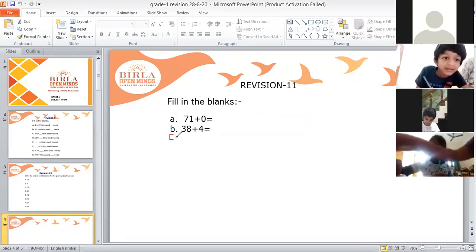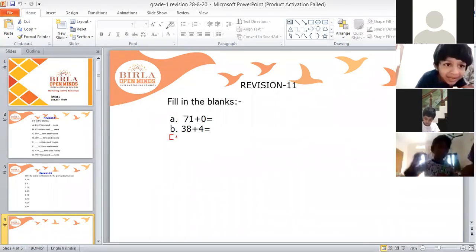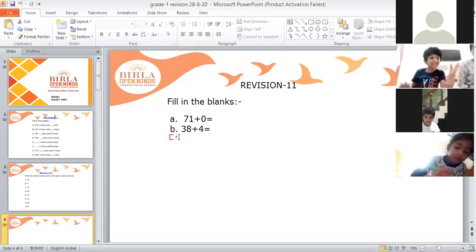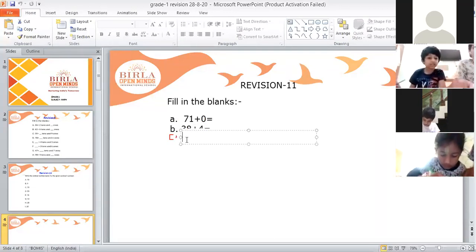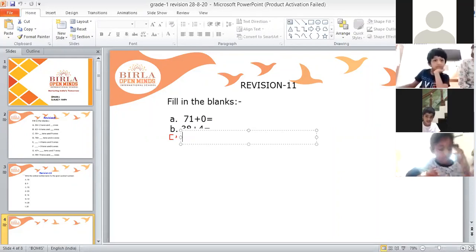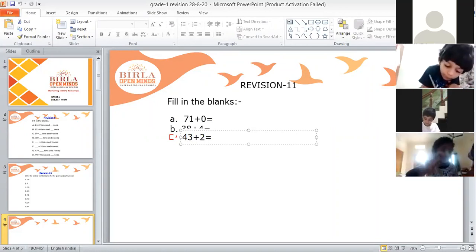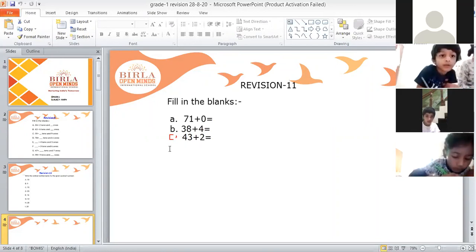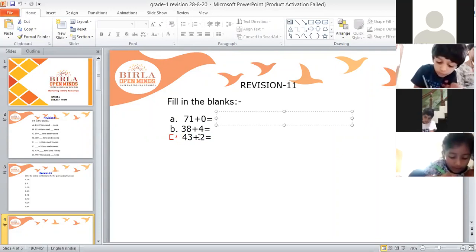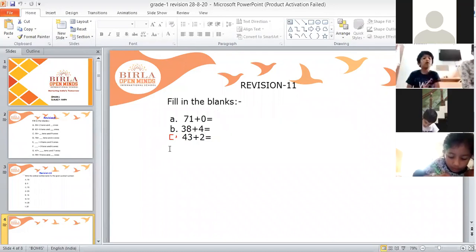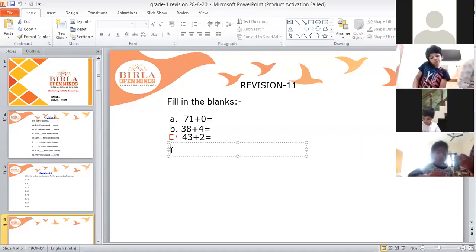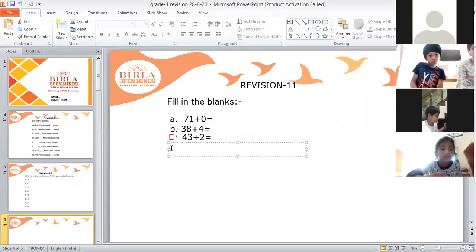This is your bit C. This is 43 plus 2 equal to. I'm not leaving any space here, but remember that after every bit you have to leave one line, okay?